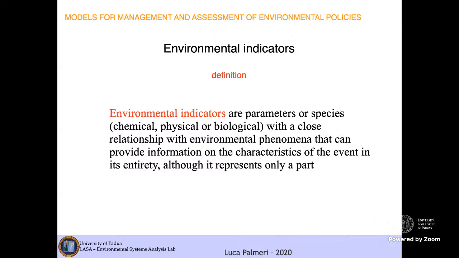In your career as an environmental engineer, you may have seen several examples of these environmental indicators. For example, in ecotoxicology, you may recall that there are some organisms that are employed as environmental indicators in order to evaluate if there is a risk of any kind of ecotoxicological impact.